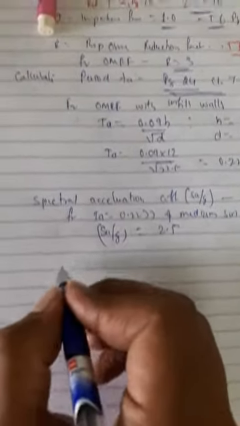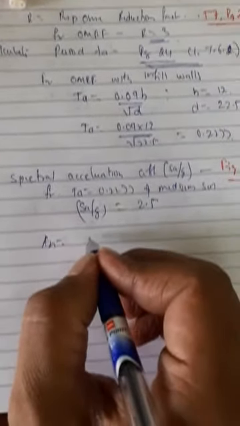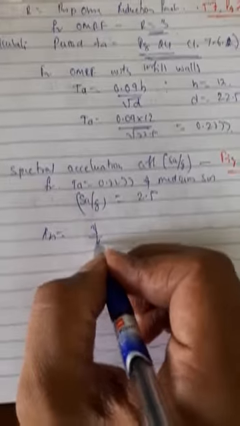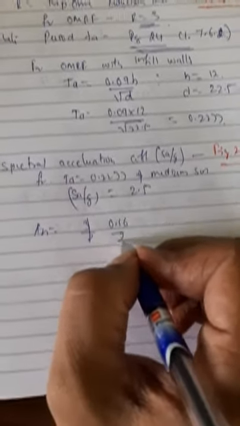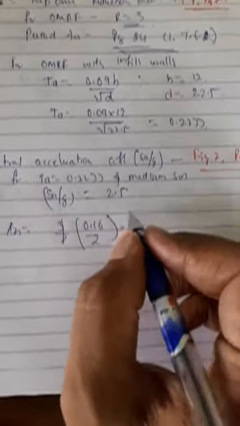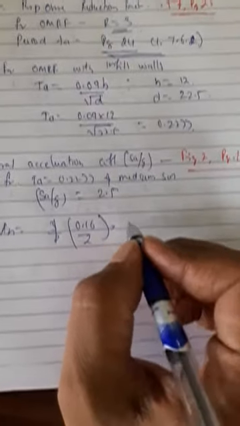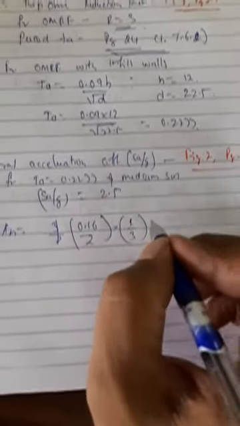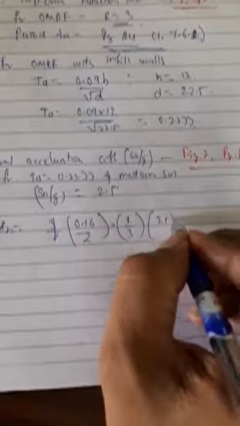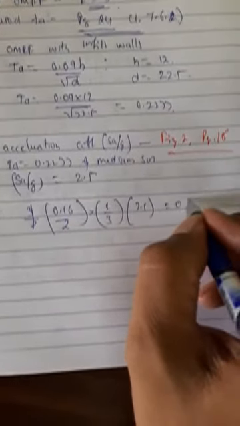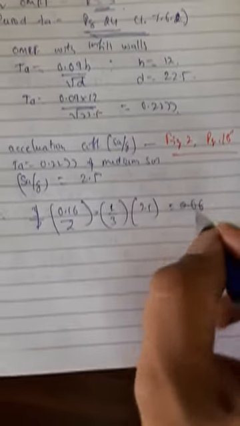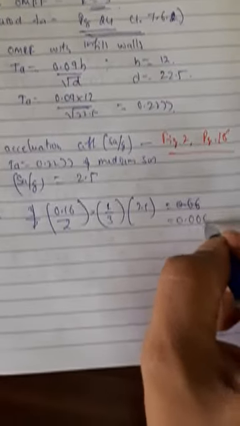Next, calculate AH. Z by 2, it is 0.16 by 2 into I by R. I is 1, R is 3, SA by G is 2.5. So you get 0.0667.